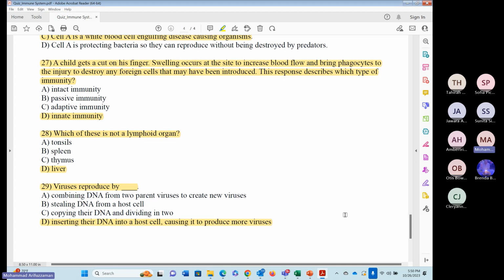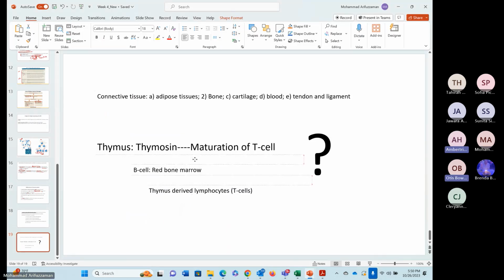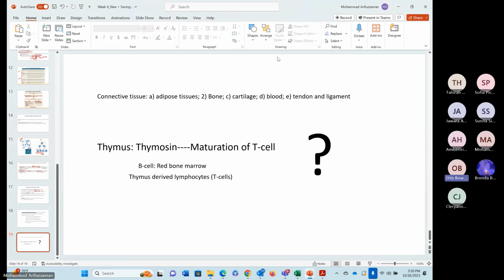So what are the different types of viruses? Can you remember? What are the different classes of virus? One is the DNA virus, or the RNA virus. Two types, DNA or RNA virus.